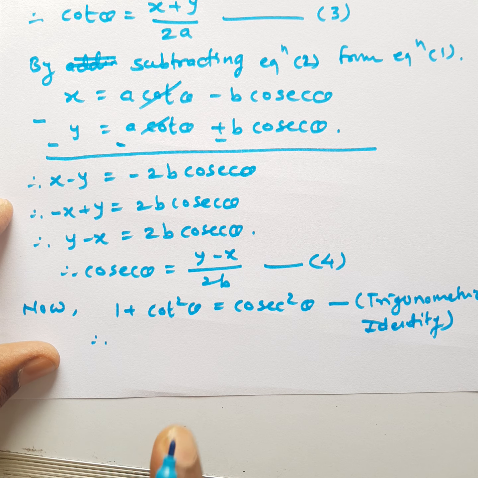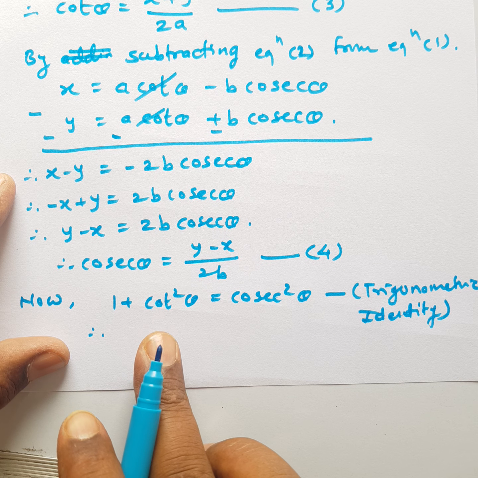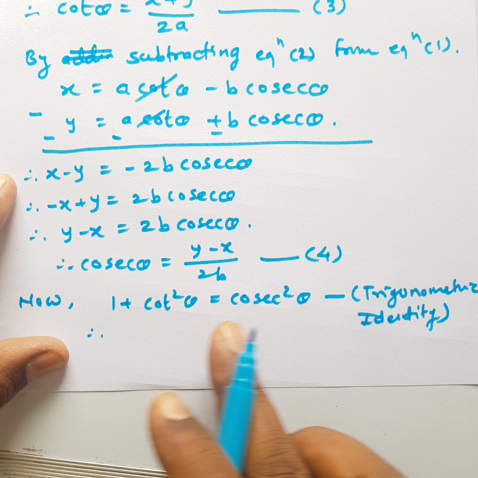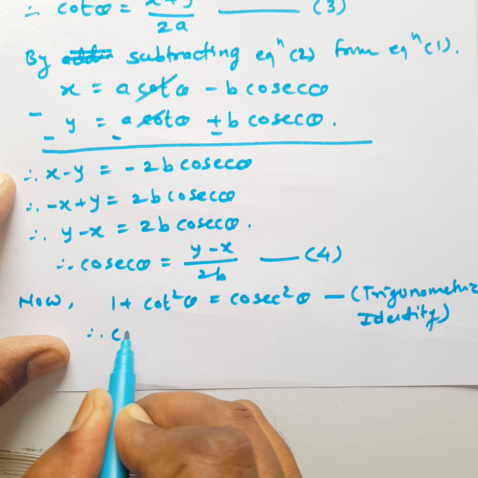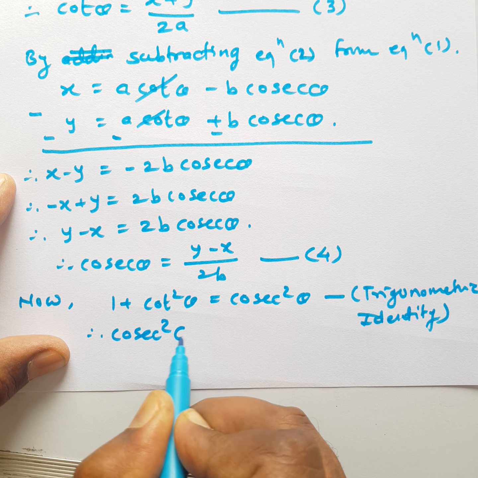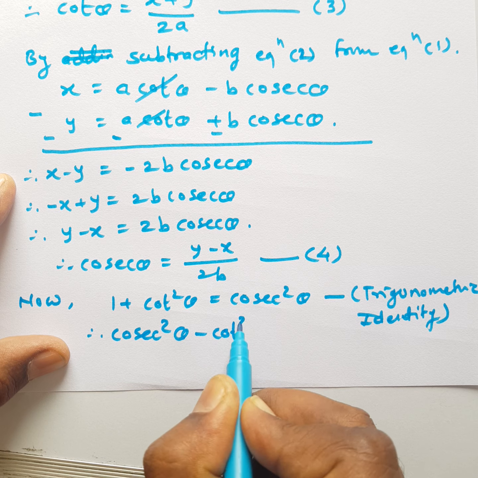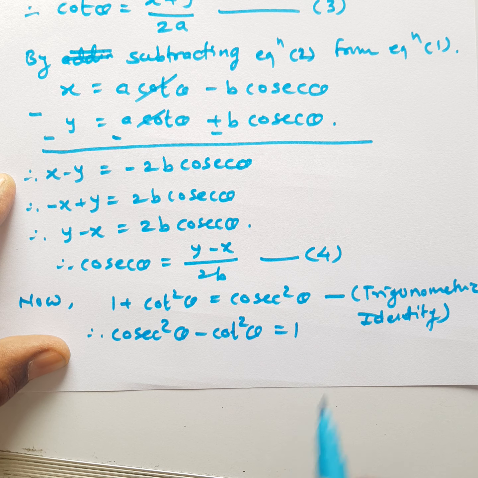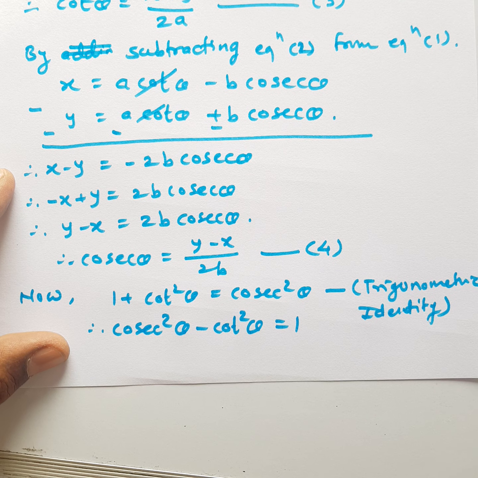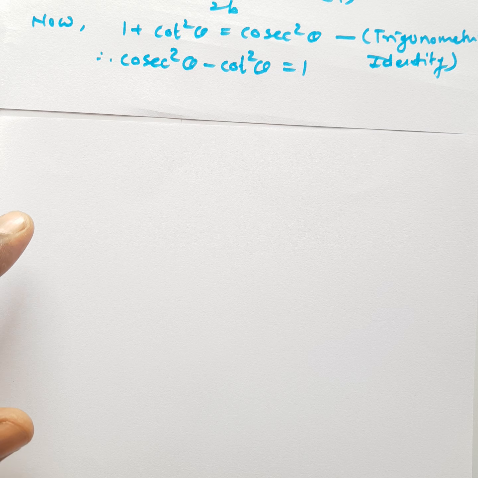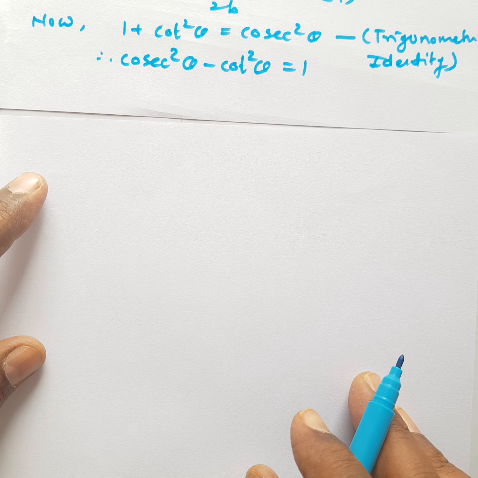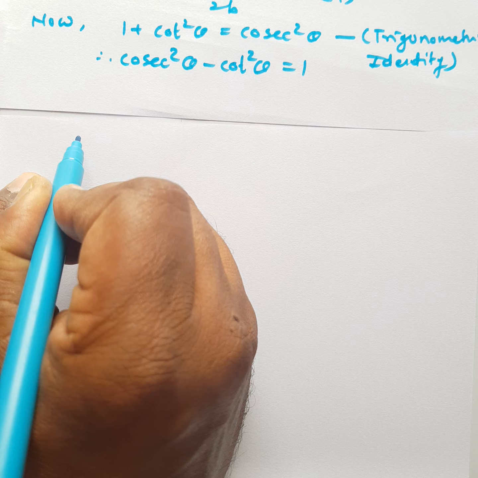Therefore, if we change the side of cot square theta to the right hand side, it will be cosec square theta minus cot square theta is equal to 1. We will put the values from equations 3 and 4 in this equation.